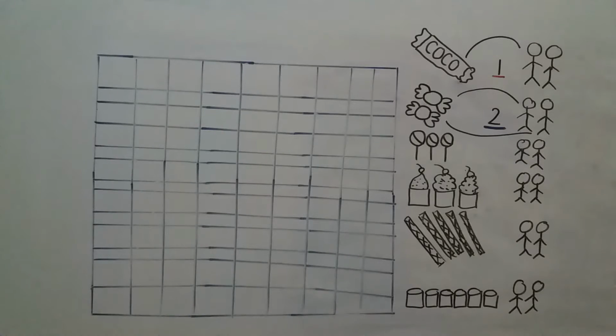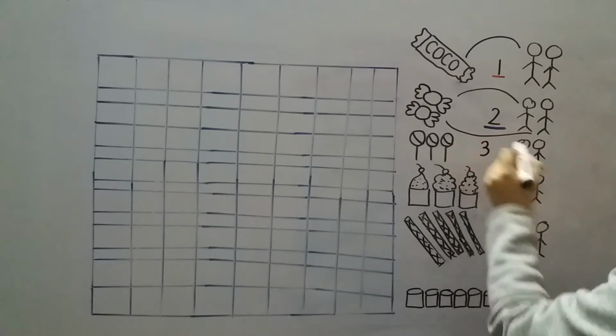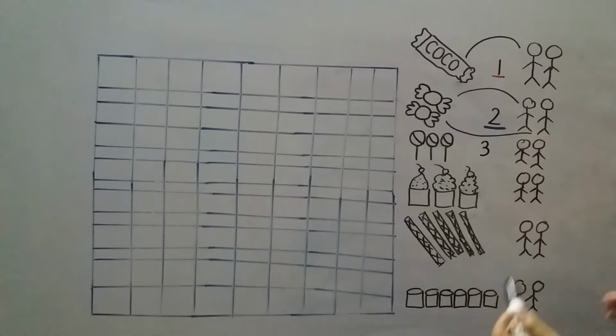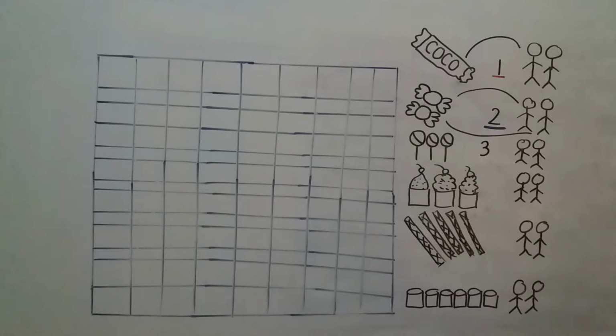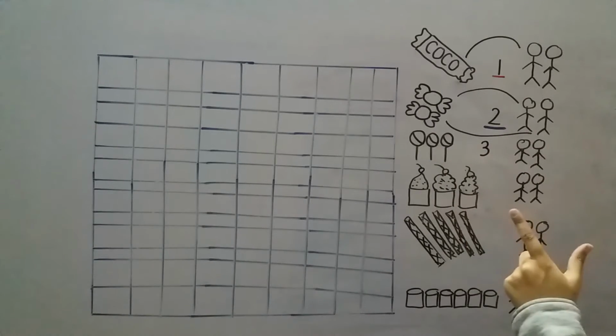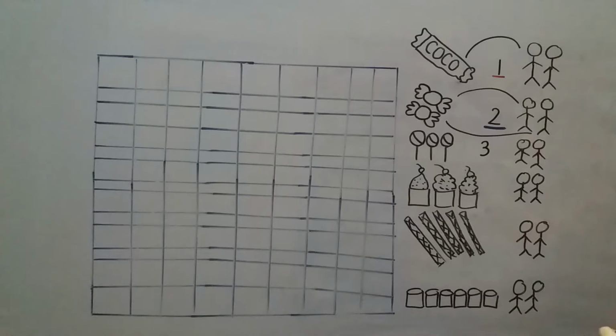Now let's move on to the other example. I have 3 lollipops. How many lollipops do I have? 1, 2, 3. Is it an odd or an even number? Now I have 2 students and 3 lollipops with me. Let's give each one lollipop and see if it's odd or even.